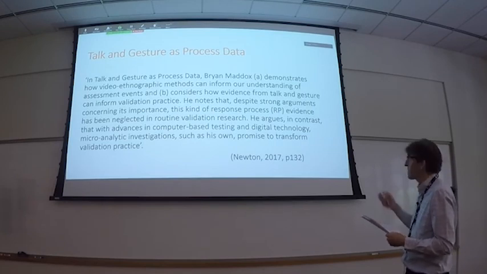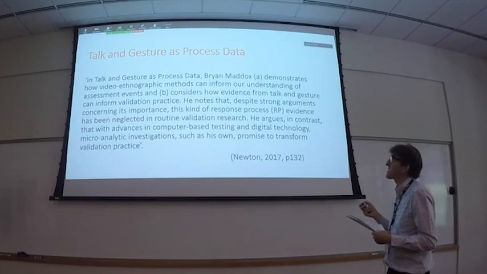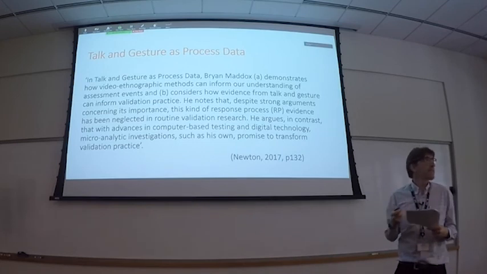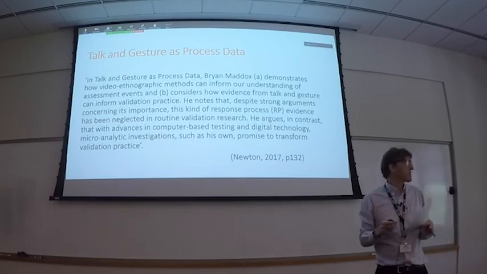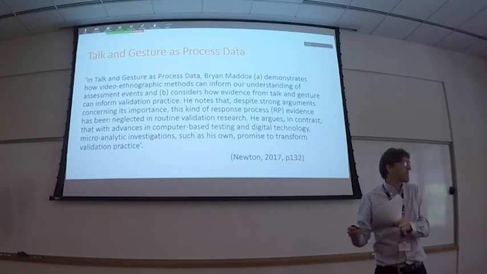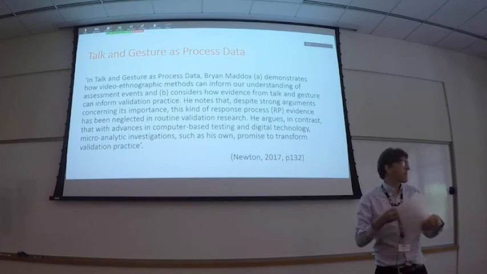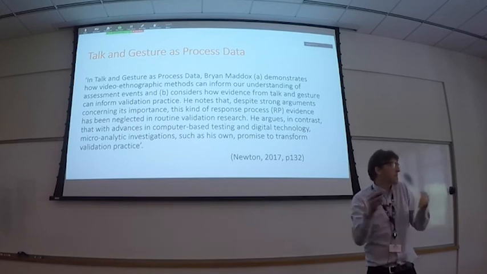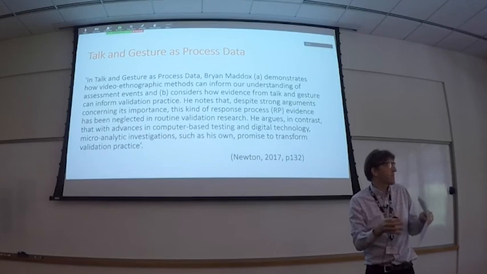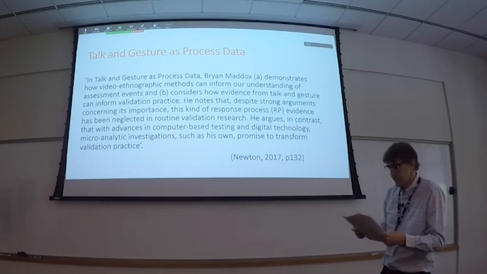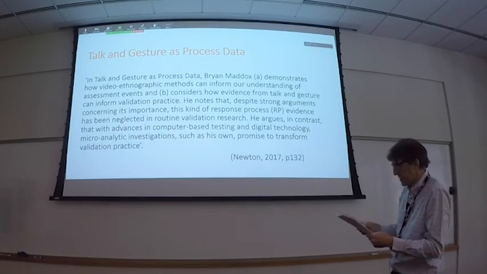And he argues, following me, that this is essentially being neglected in validation research. So it's hugely important in next generation designs, but hugely neglected in terms of validation. We have to somehow bridge that gap. We have to take validation questions and recontextualize them within current practice. I see that as important.